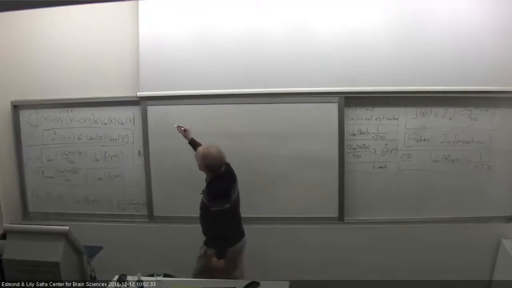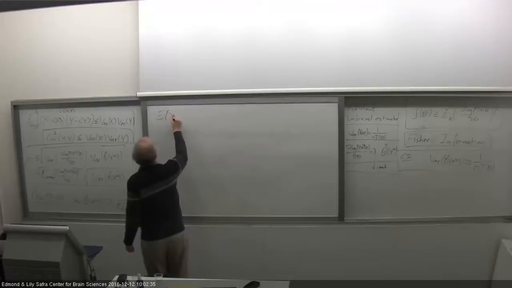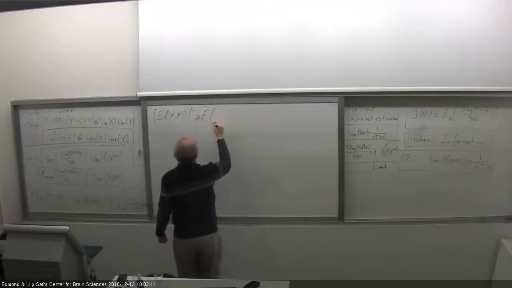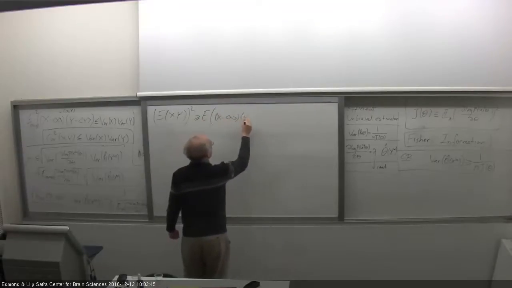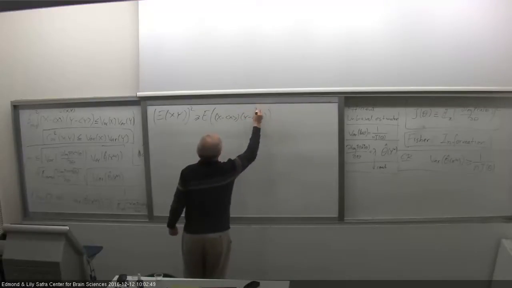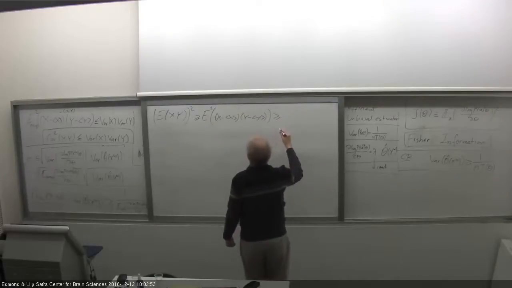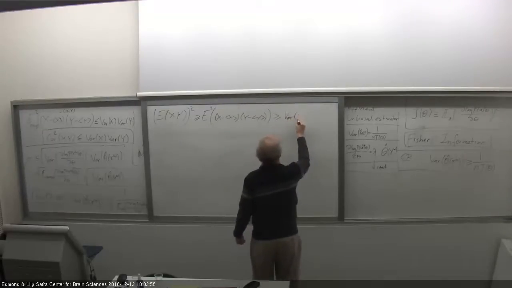So, of course, the expectation of (X·Y) squared is always greater than the expectation of (X minus X average)(Y minus Y average) squared, which is always greater than the variance.